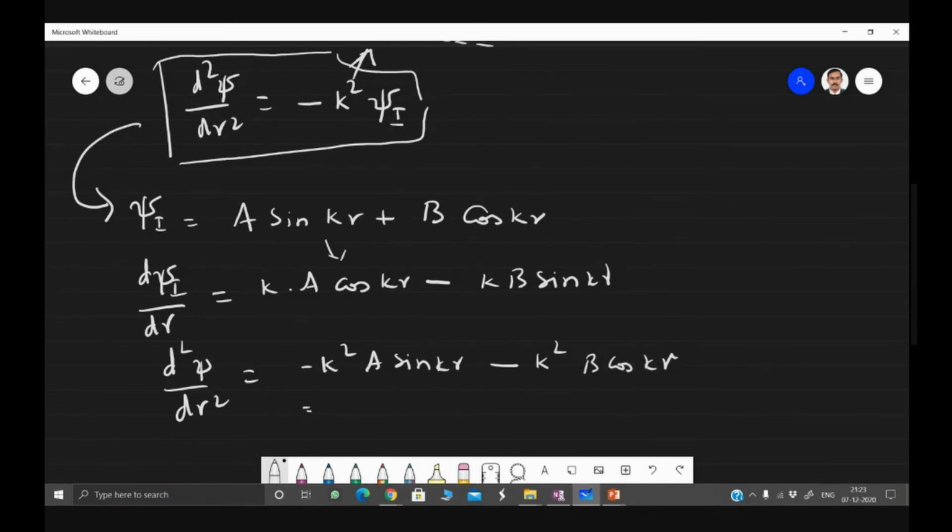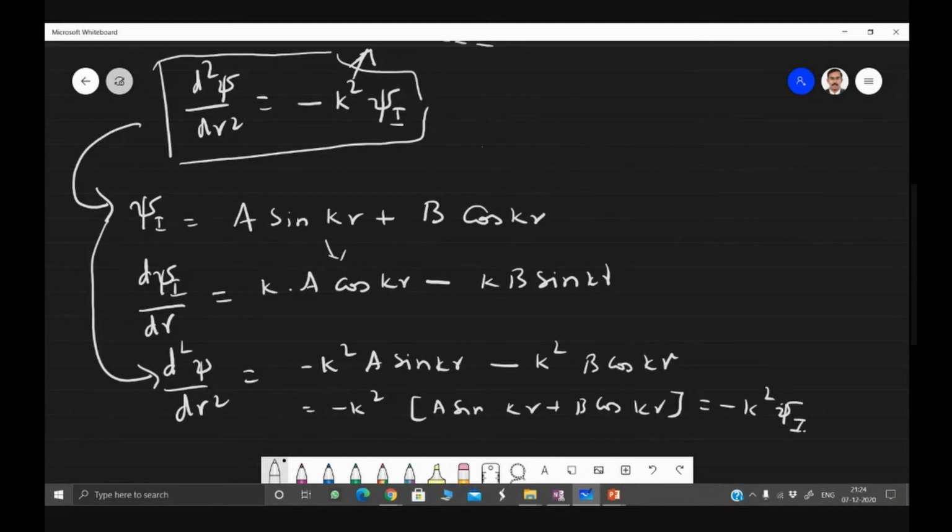So minus k square we can take out, and this will be a sin kr plus b cos kr, and hence it will be minus k square psi. So d square psi by dr square is given by minus k square psi in region 1.